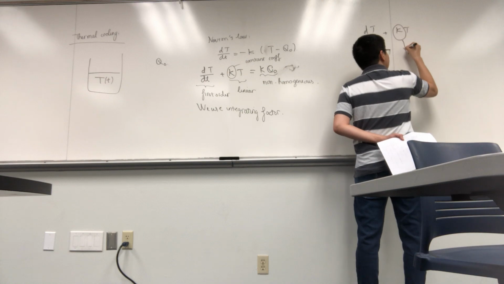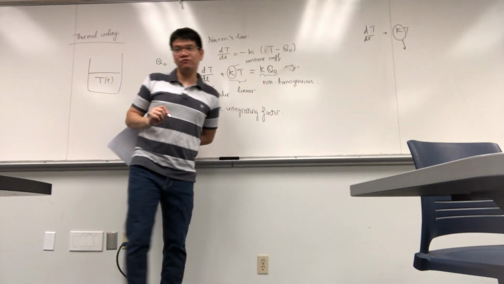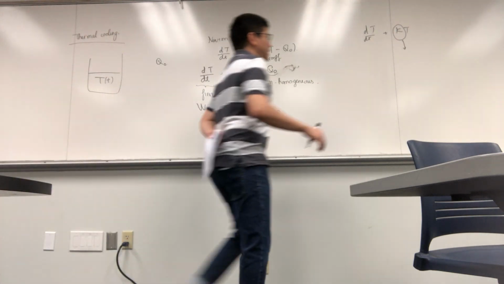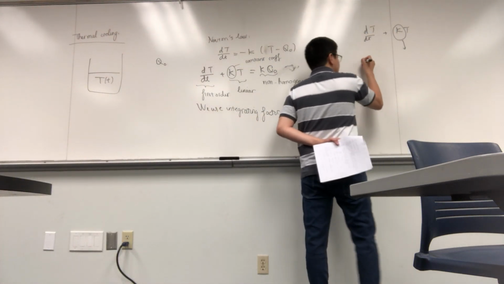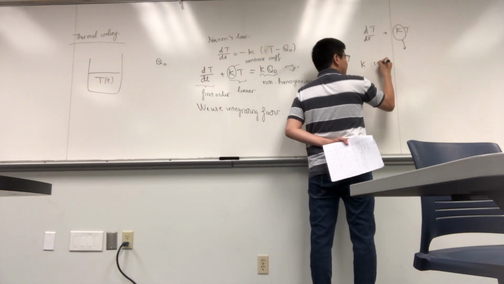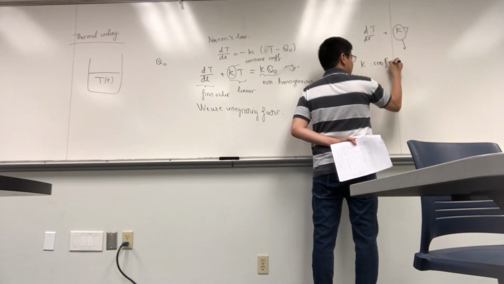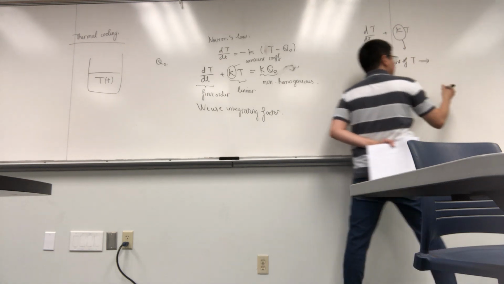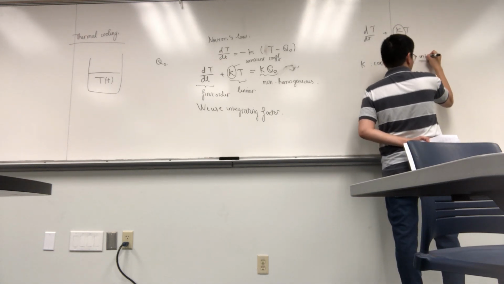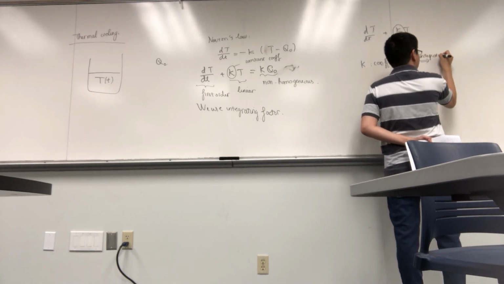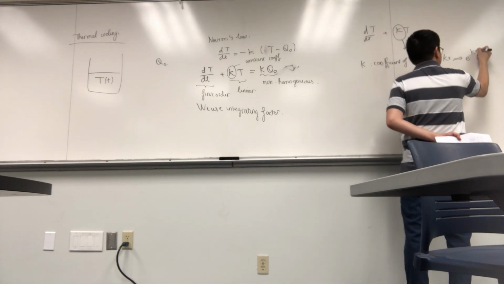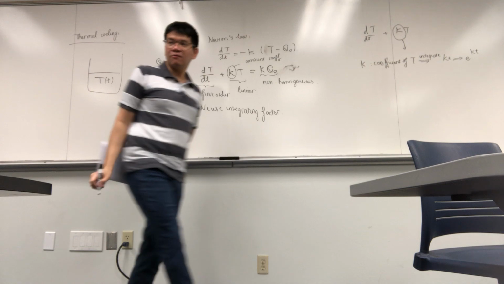So this is the coefficient that we want to pay attention to. k is the coefficient of T. So you integrate, and you get kt. So the integrating factor is e to the kt. All right?